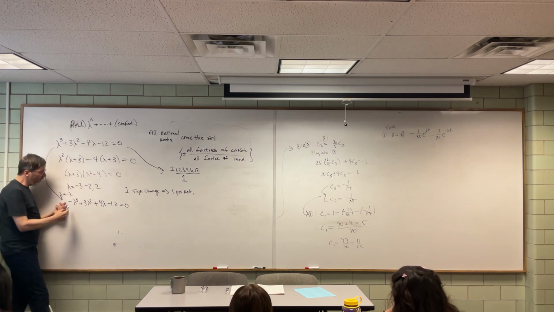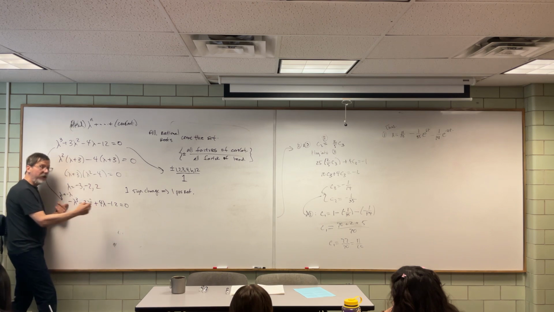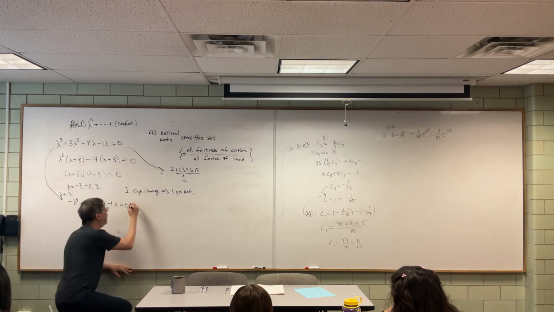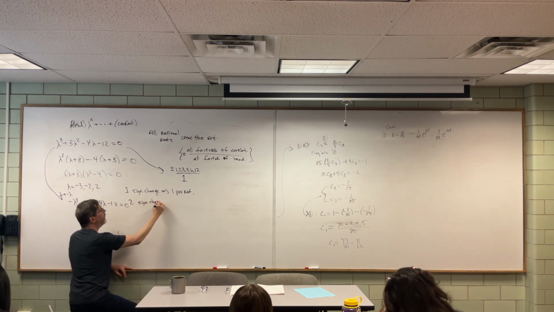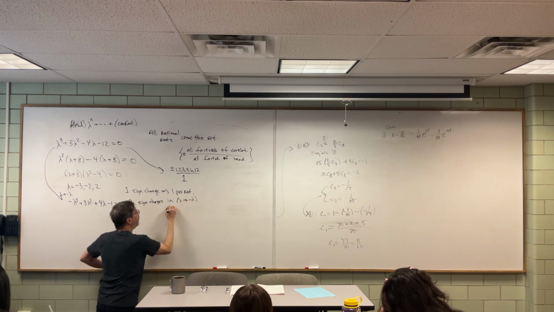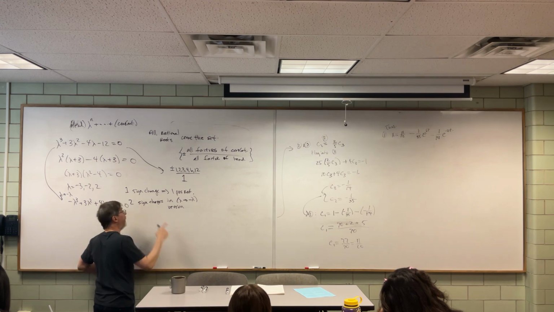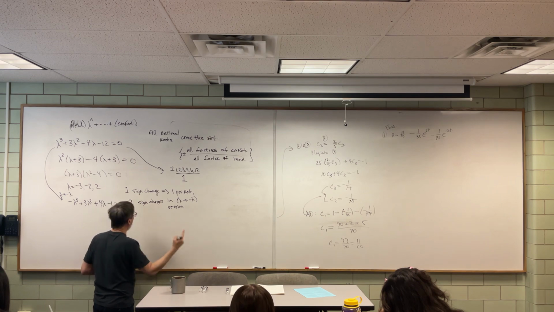How many sign changes do I have here? 1, 2. So I've got 2 sign changes in the lambda goes to negative lambda version. So that's the number of negative roots that I have. So I have 2 possible negative roots, or I also have 0.